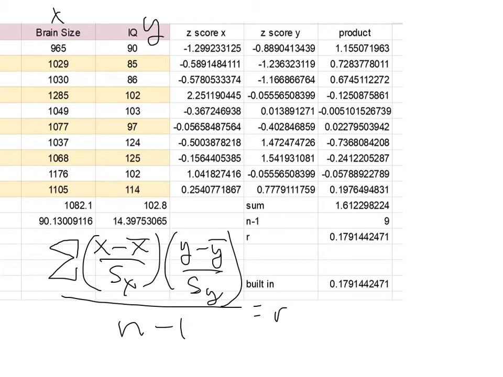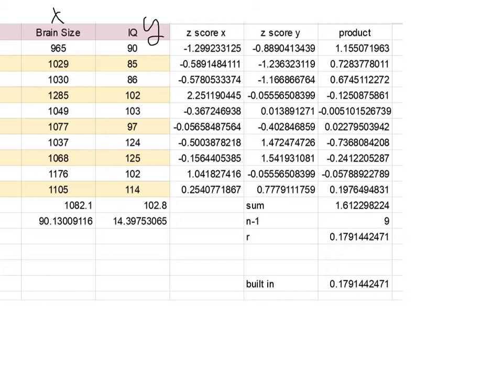So how does that apply to this problem? To get the standard score for the x's, I'm going to take the number, so 965, minus the mean. The mean for the x's is the 1082 number.